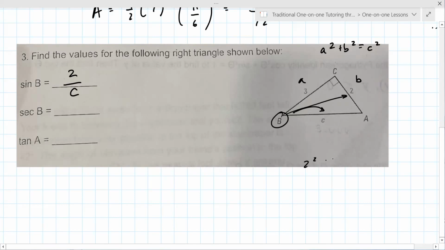So you have 2 squared plus 3 squared equals C squared, 4 plus 9 equals C squared, 13 equals C squared, C equals the square root of 13.